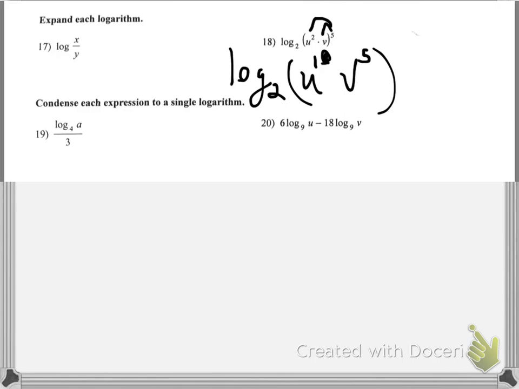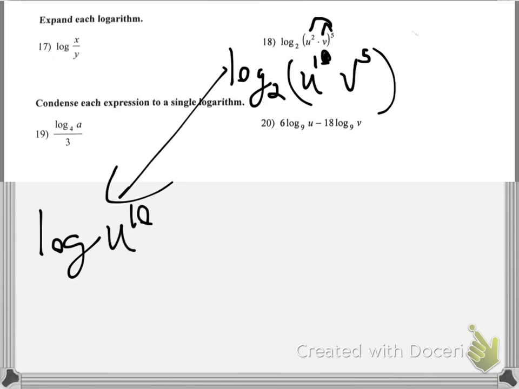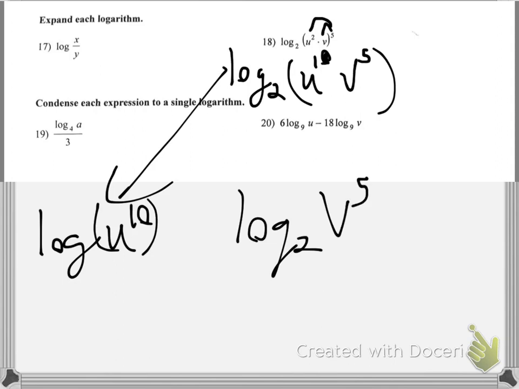Then we can expand this to multiple logarithms. This will be log base 2 of u10, and then log base 2 of v5. And just remember, these things were timesing before. So now they're plussing, times is like plus when you expand. And then we're just going to take the powers on the outside. So this is a 10, u to the 10th on the inside.